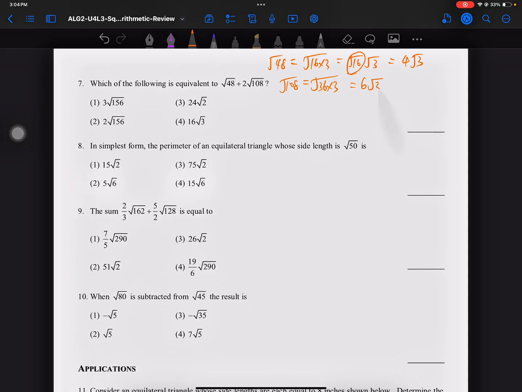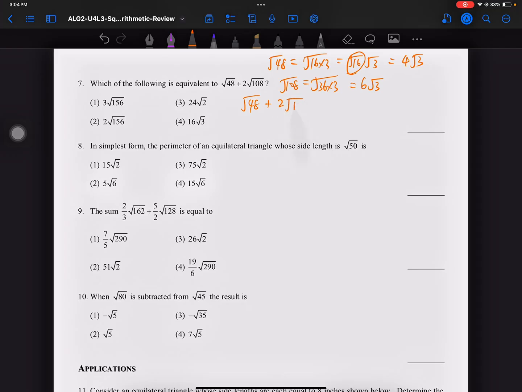So this is our two same radical forms. So we can substitute back into the original expression. So this is square root of 48 plus 2 square root of 108, right?